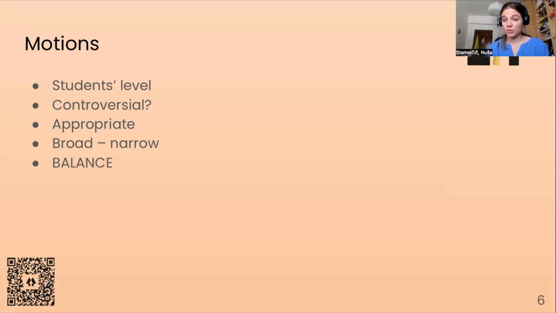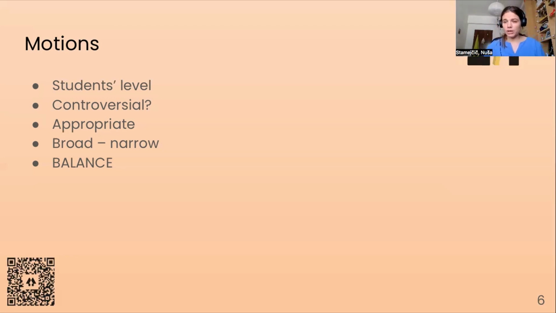A more narrow motion is a motion that is about a strict topic that you as a debater can then broaden. So something that I think is a bit more appropriate for use in classroom would be, for example, that we believe that medical decisions regarding the life-threatening conditions of children should be taken by medical professionals instead of parents, right?